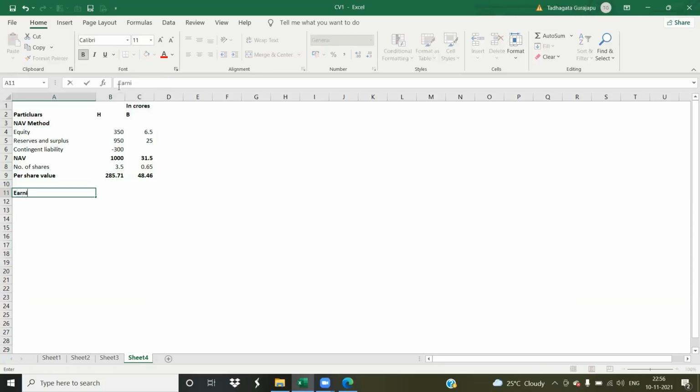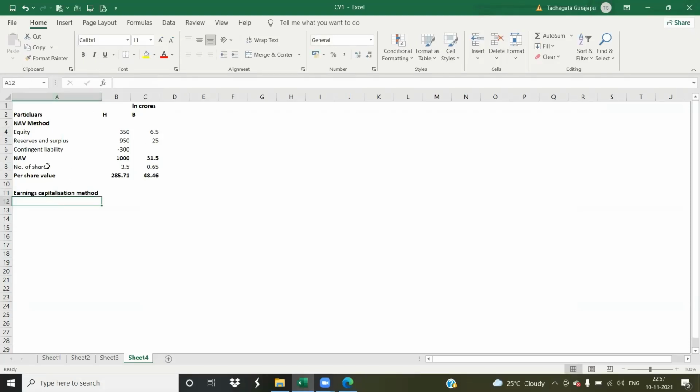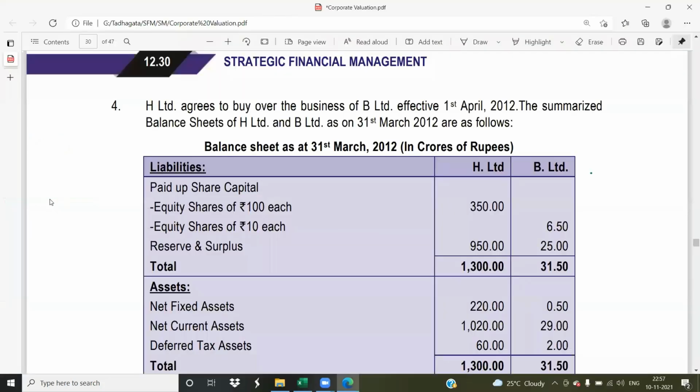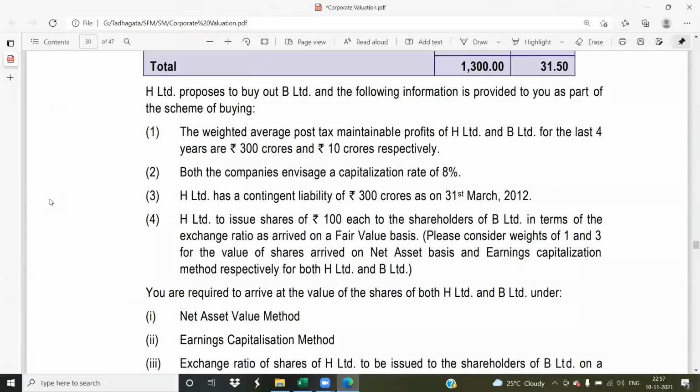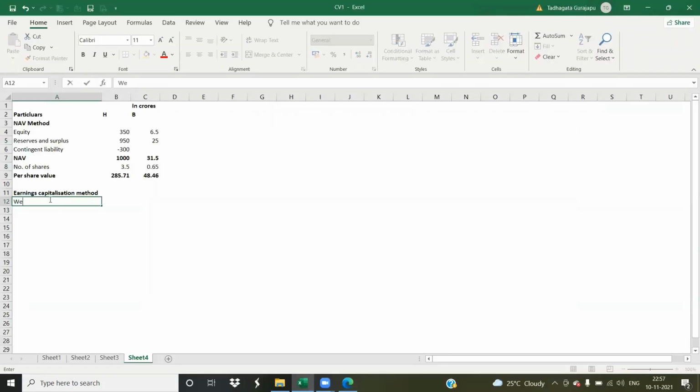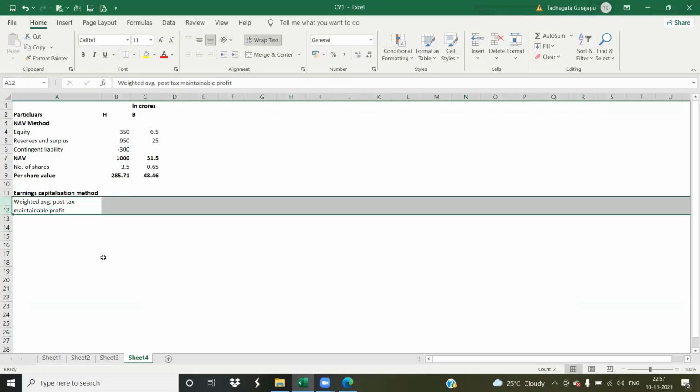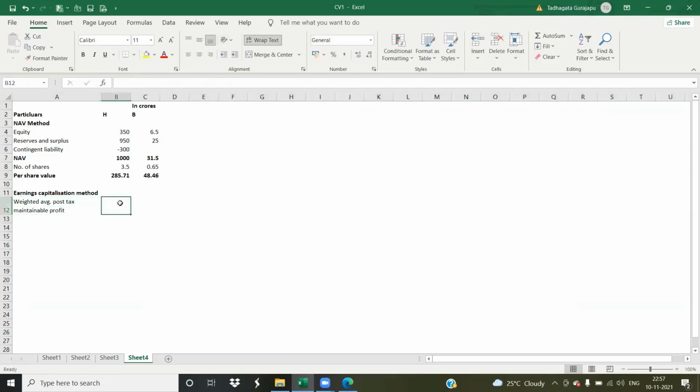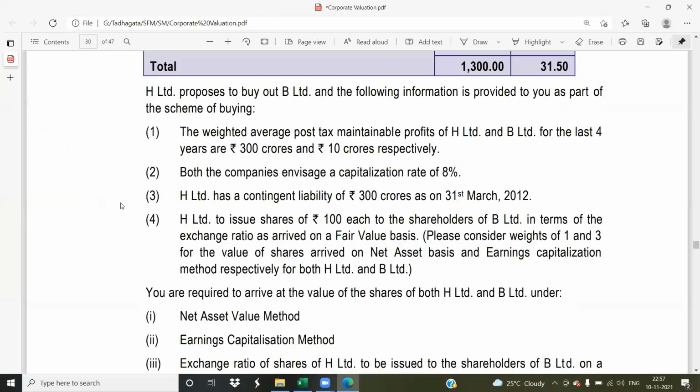As per earnings capitalization method. What is it? Weighted average post-tax maintainable profit.